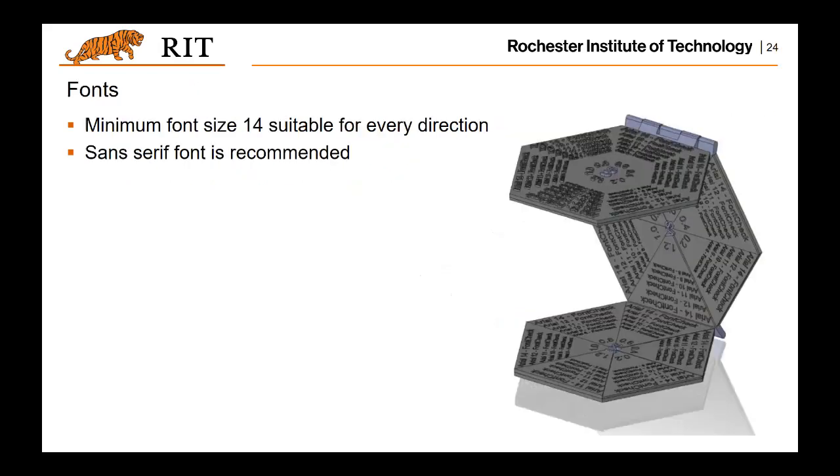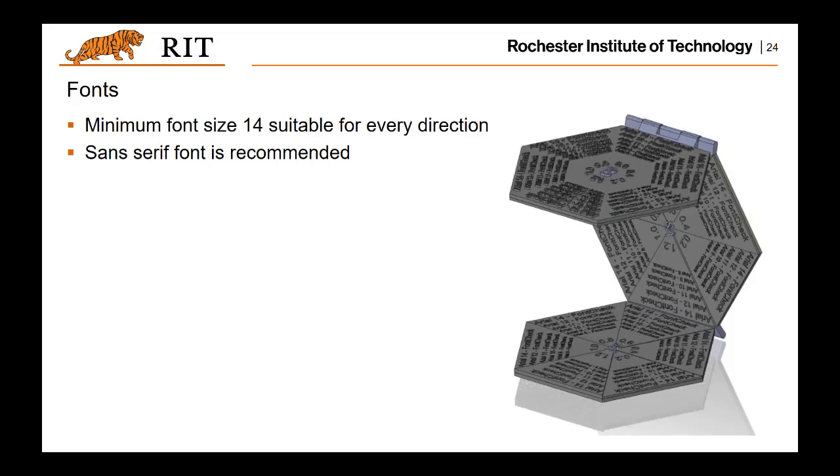Another point here is the fonts. So basically, when you build a part, you want to provide some information there. In the injection molding process, there are also ways to put text on it.